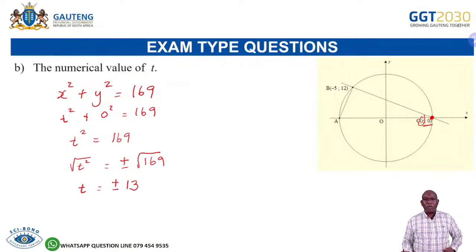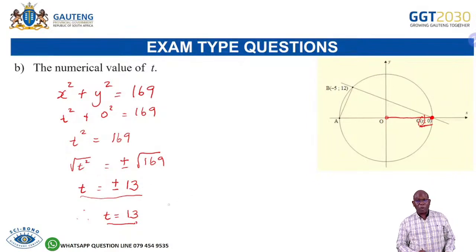I've got two values. Now I must decide. On my right-hand side of 0, this value here should be 13, positive. So I'll say, therefore, because it's in the first quadrant, my t value will be equal to positive 13. And sometimes we lose the marks because we leave our answers at t equals plus minus 13, and we leave it there.